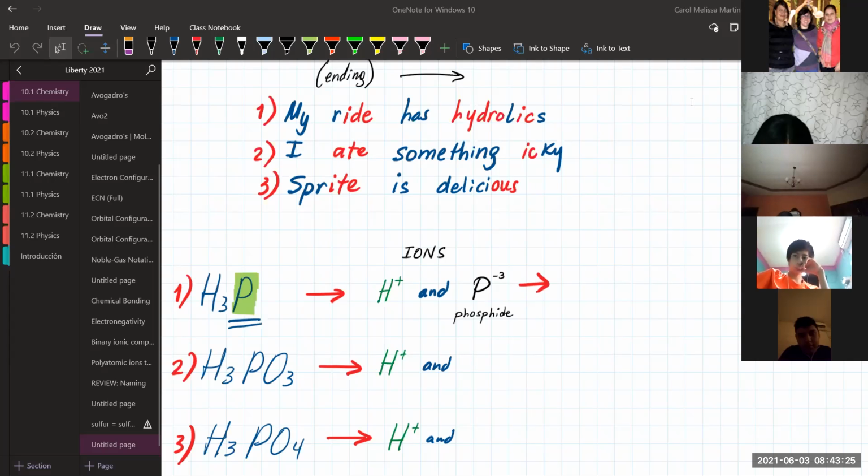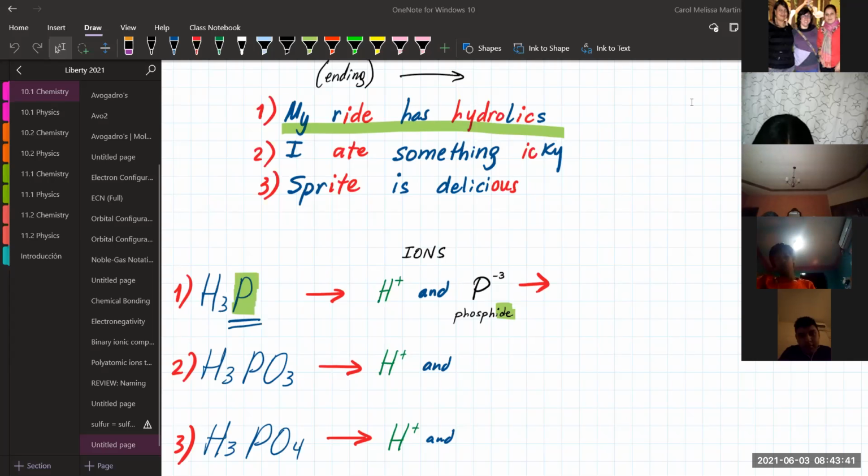My ion ends in IDE, which means I'm going to apply this one. The name will include the prefix hydro. The name will be hydro-ic acid.